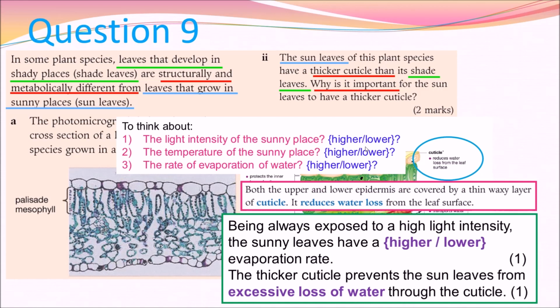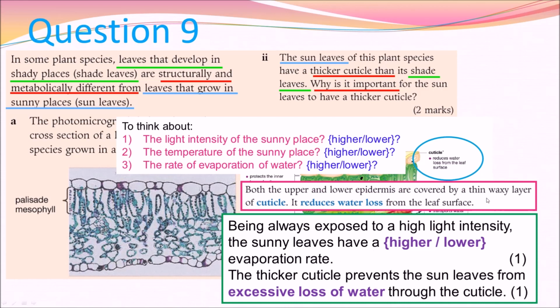Being always exposed to a high light intensity, the sunny leaves have a higher or lower evaporation rate. The concept is that I add question 2 for you as a linkage between the light intensity and the rate of evaporation. Think about 1, 2, 3, the whole logic. It can help you to finish this statement.